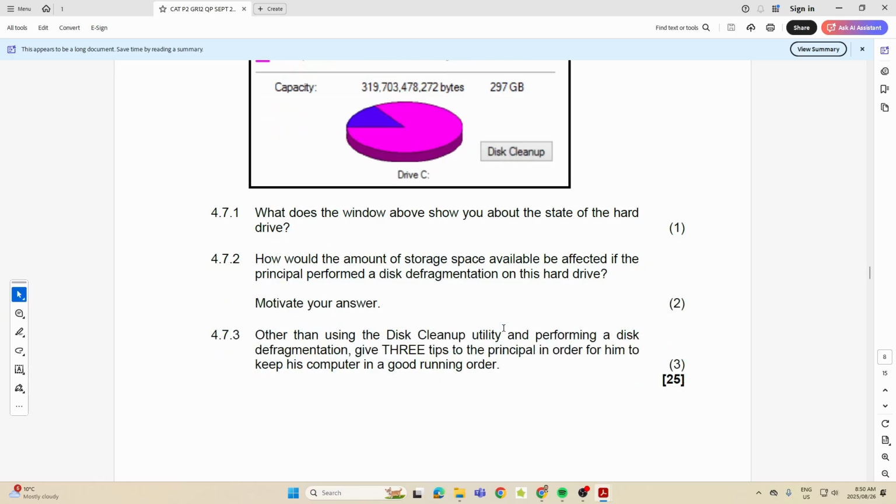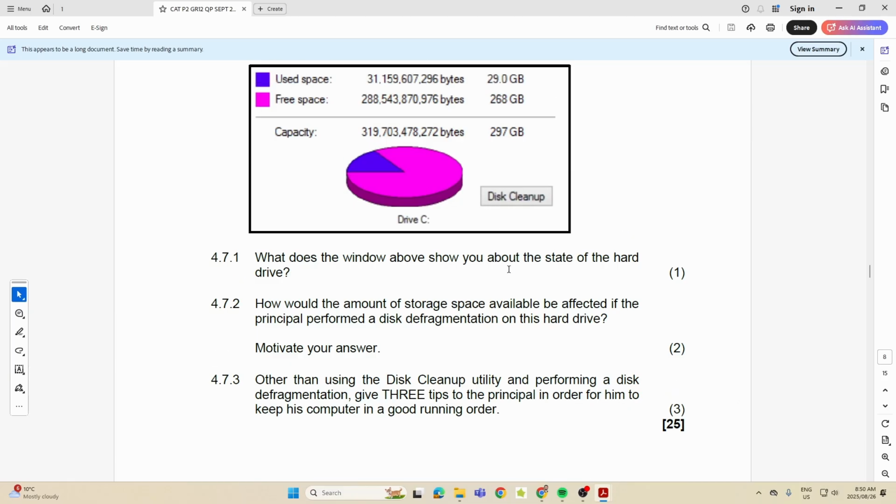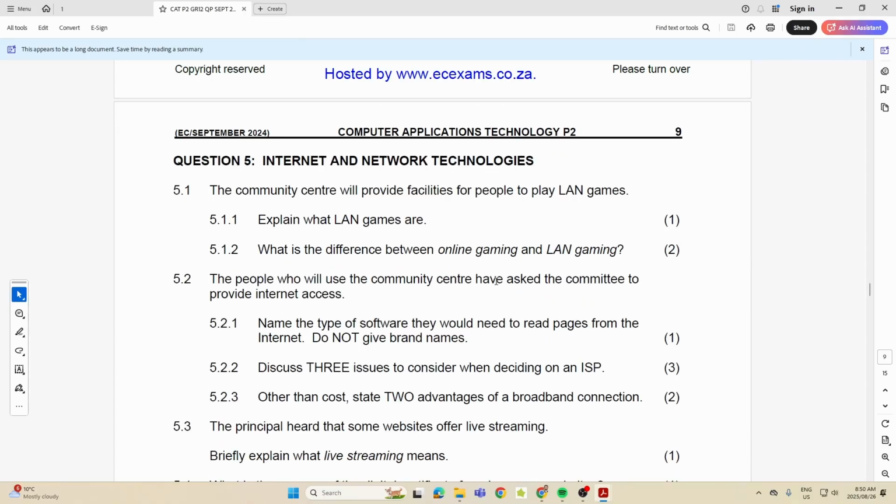Other than the disk cleanup utility and performing a disk defragmentation, give 3 tips to the principal in order for him to keep his computer in good running order. Now, you can use things like run the scan disk. You can run a regular antivirus checkup. You can make backups. You can delete unnecessary files. Run an update on your drivers and software. Any of those. Right. So that brings us to question 5.